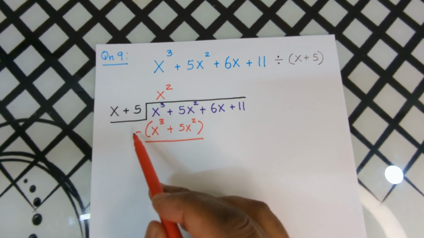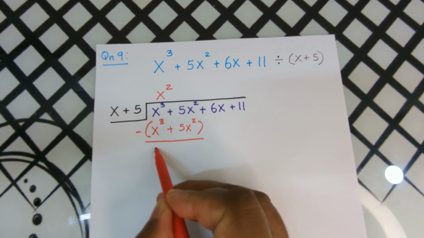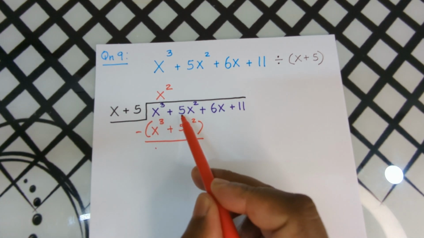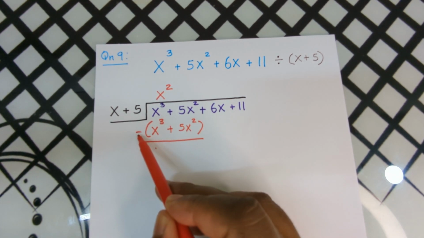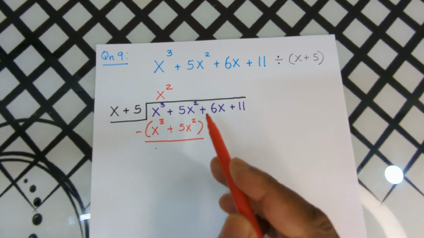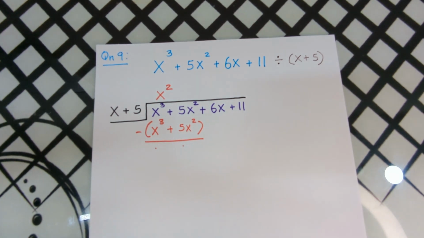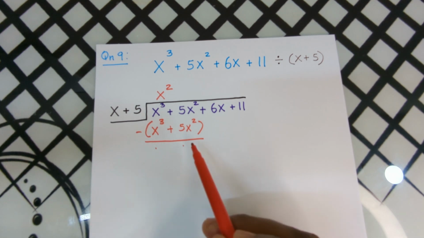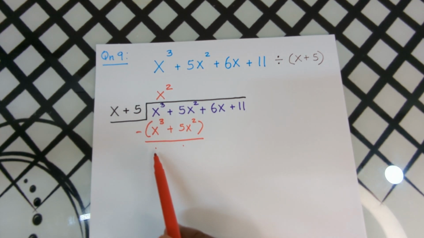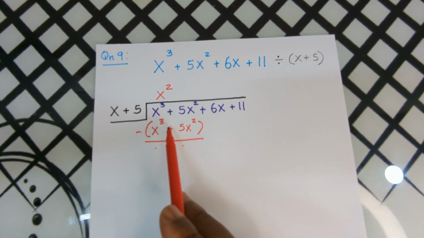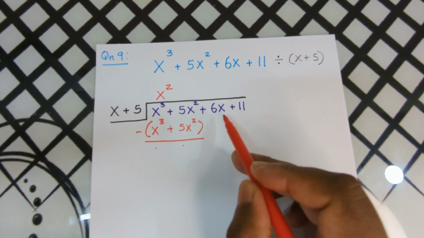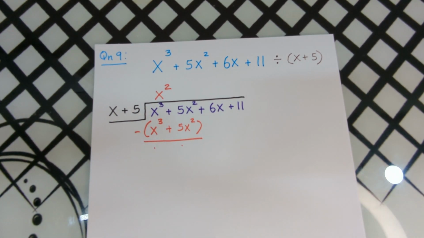So x to the power 3 minus x to the power 3 will be 0, and 5x squared minus plus 5x squared will also give me 0. So in this case, since I have gotten 2 zeros after the subtraction, I have to bring down both of my next terms.